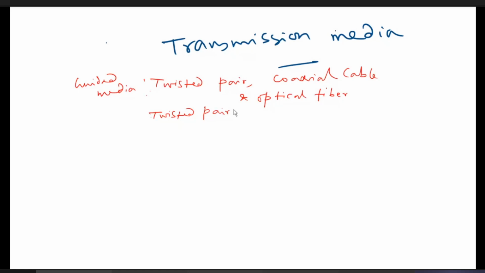There can be hundreds of pairs. And twist length is most important; I told you the twist length, at one pitch, is most important for deciding the data rate. Right. These things we have seen last time.